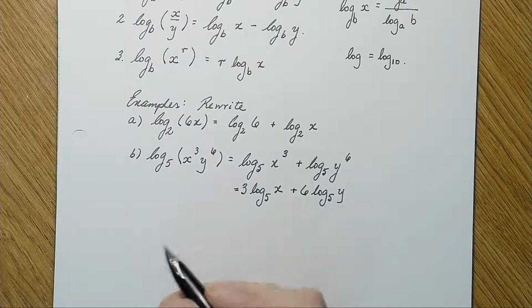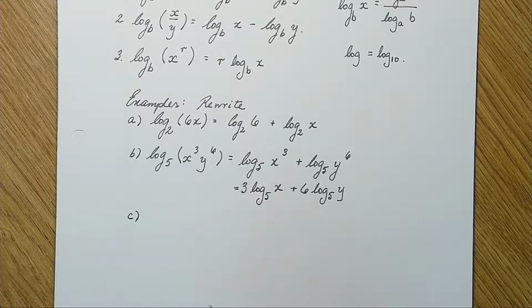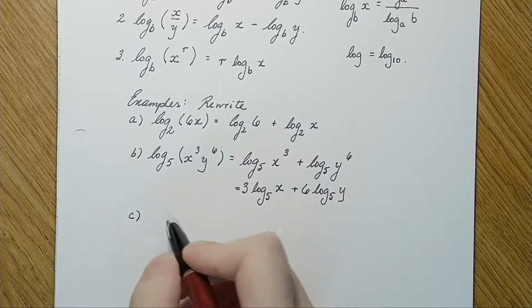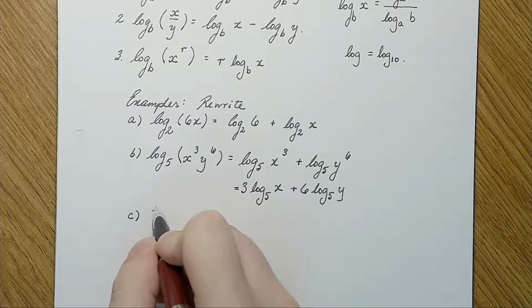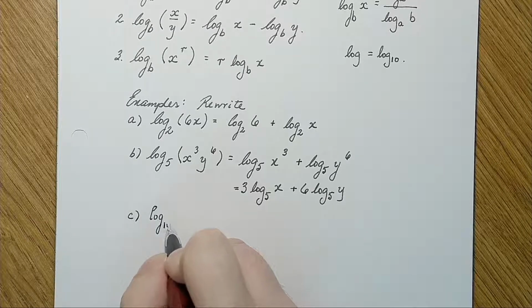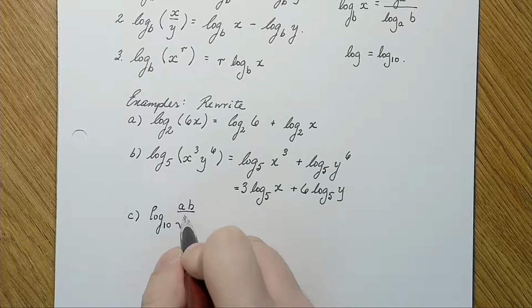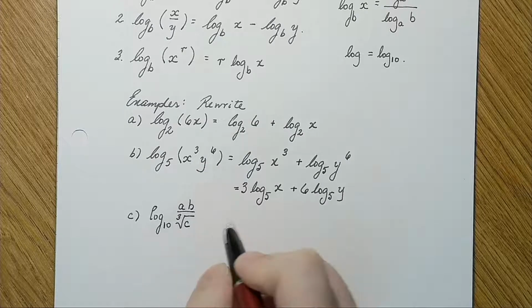Okay. Let's do one more example. We'll use log to the base 10, and we'll do AB over the cube root of c.